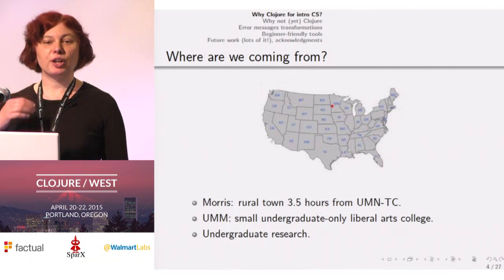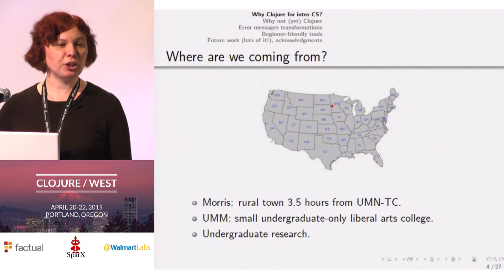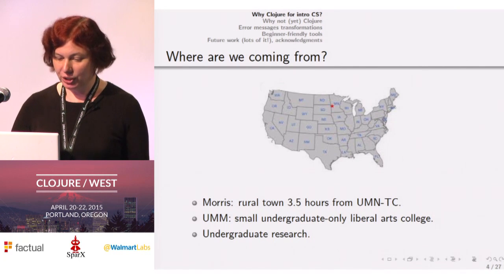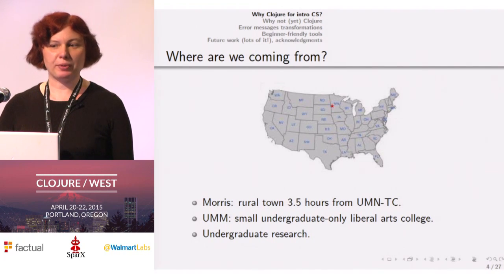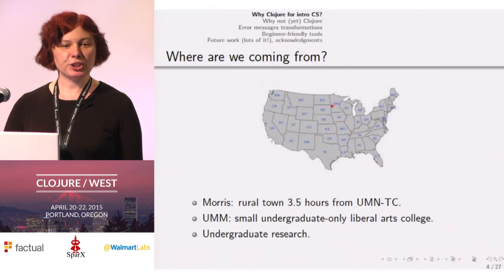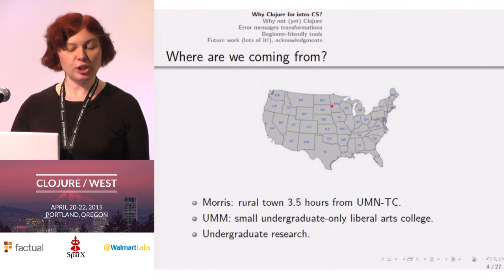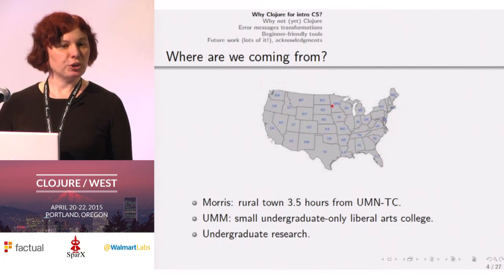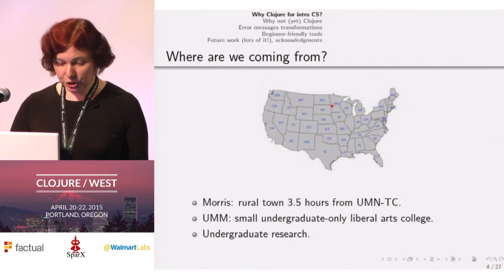We are part of University of Minnesota, but we are 3.5 hours away from the main campus in a town of 5,000 people. We are a small liberal arts college. Small means fewer than 2,000 students.